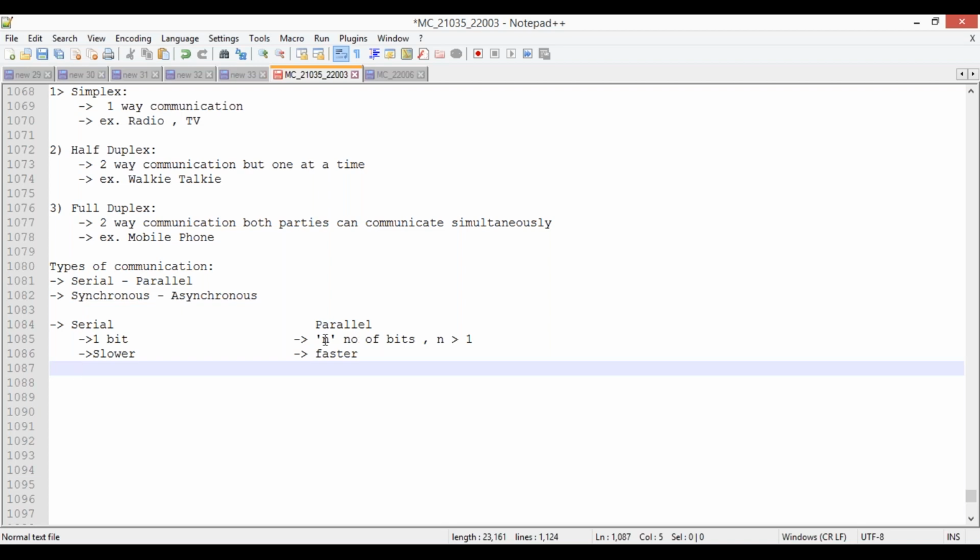Let's say my n value is 8. N bits are getting transmitted per instant. Then on my hardware, I need at least 8 lines, 8 wires. So here the number of wires is high. That's why people are going with serial protocols now.